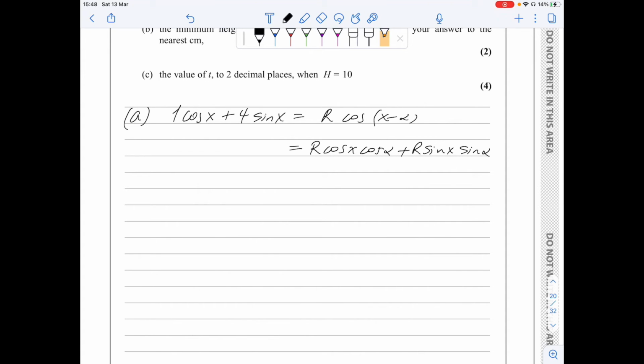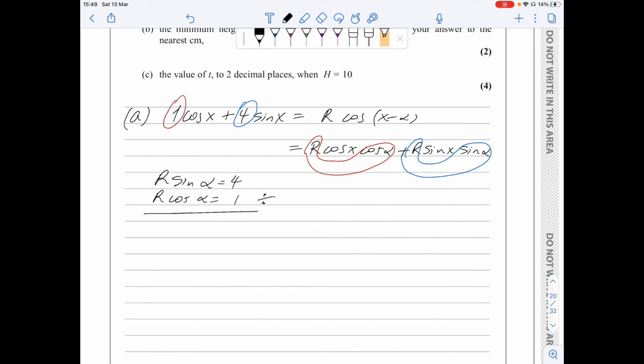Then I'm going to compare coefficients of cos x and sin x. I have 1 cos x on the left and r cos alpha on the right. I have 4 sin x on the left, r sin alpha on the right hand side. So r sin alpha is equal to 4, r cos alpha equals 1. I can divide side by side, so tan alpha is 4. So alpha is the inverse tan of 4.